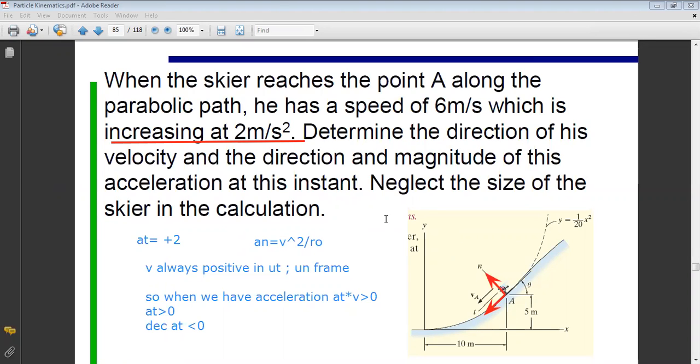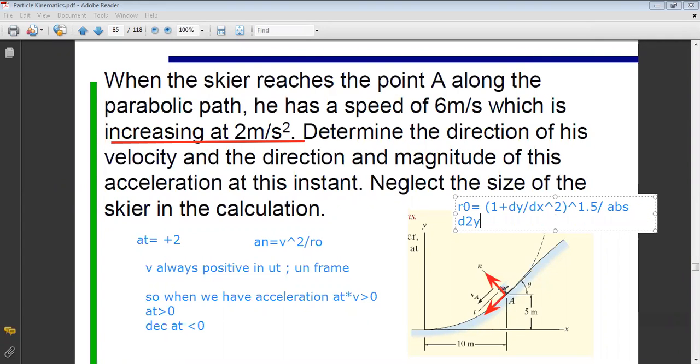We have that rho is equal to 1 plus dy over dx, squared, and the whole term to the power 3 over 2, divided by the absolute value of the second derivative, d square y by dx square.